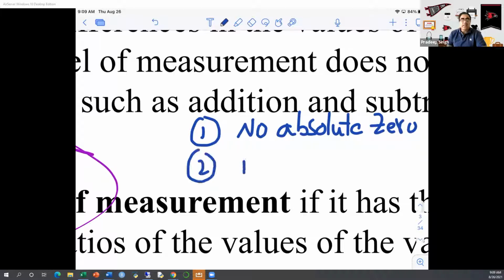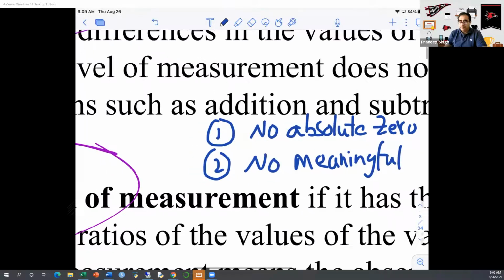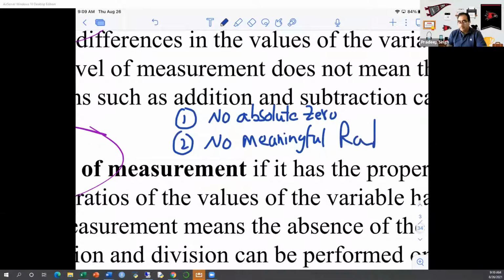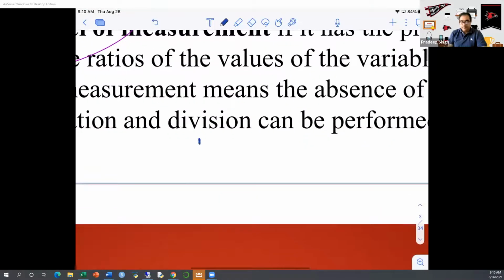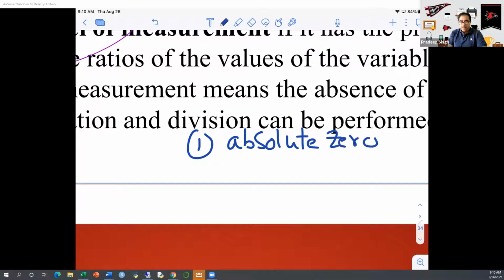And because of that, you don't have a meaningful ratio. Whereas for the ratio level, you will have absolute zero. And second, that ratio is going to be meaningful.